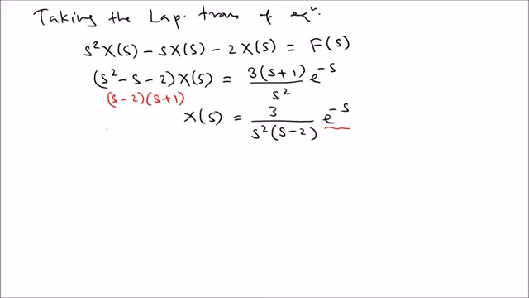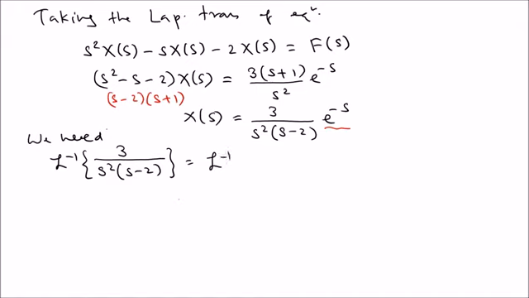So to find the inverse Laplace transform, let's use a convolution now. We need the inverse Laplace transform of 3 over s squared (s minus 2). We're gonna break this into 3 over s squared times 1 over s minus 2.